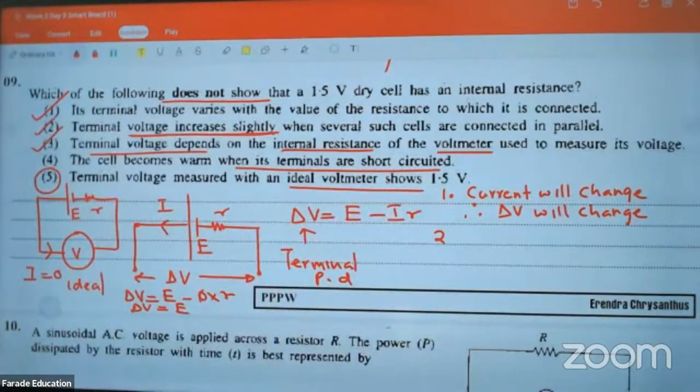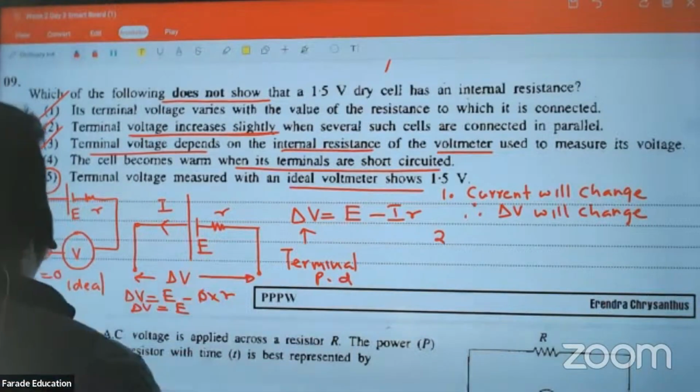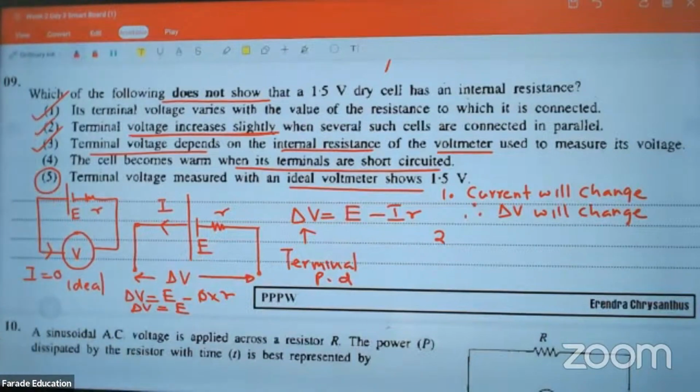When we connect the ideal voltmeter, there is no current passing through the circuit.